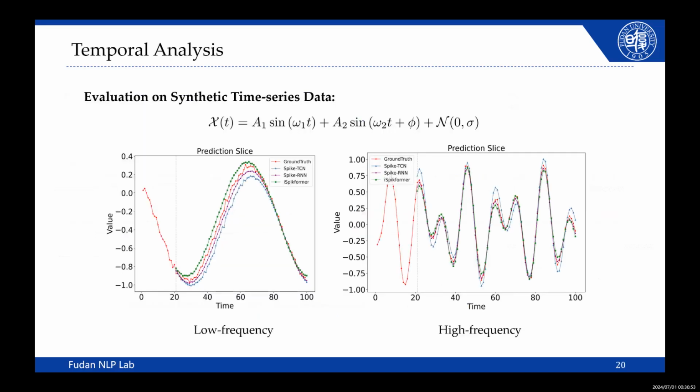Then we also create synthetic time series data to evaluate our SNN models. The two following figures show our SNN successfully processes both low frequency and high frequency signals, especially the temporal signals.